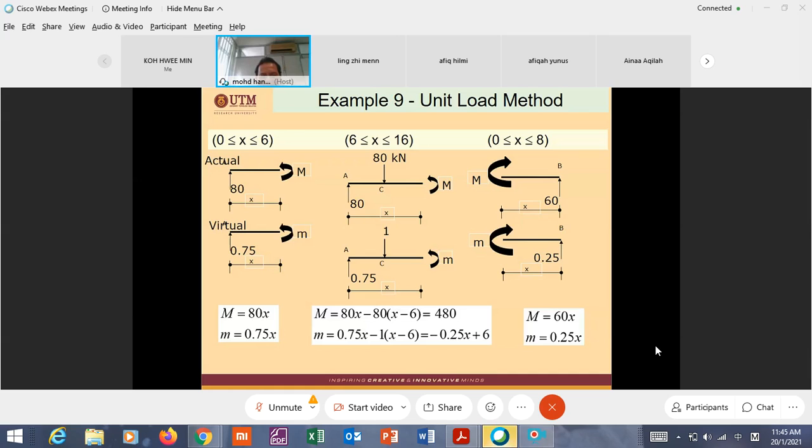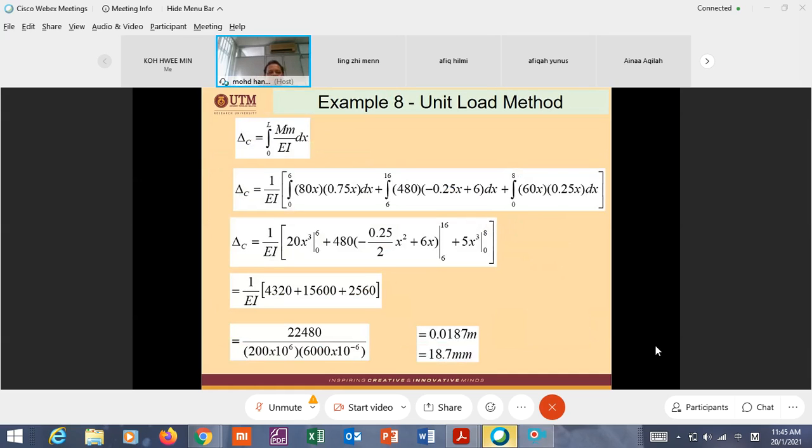Here is capital M and small m, and this one also capital M and small m. I checked, and this one is equal to 480. Okay.